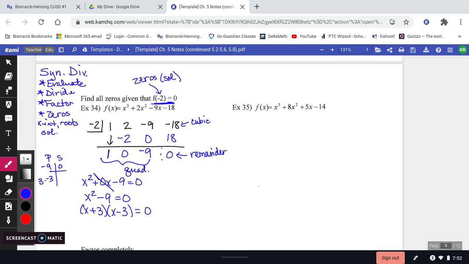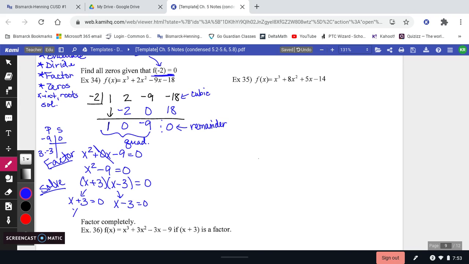Now we factored, so we're going to solve. To solve this, remember you put your factors equal to 0 and then you solve. The shortcut is just change the signs. So x equals negative 3 is this solution, and x equals positive 3 is that solution.